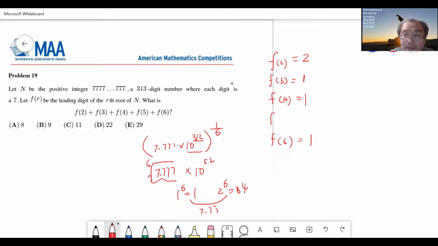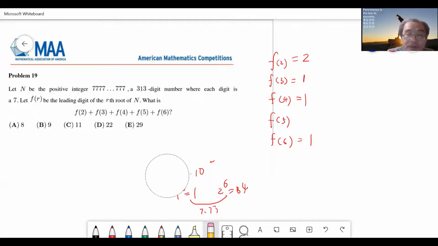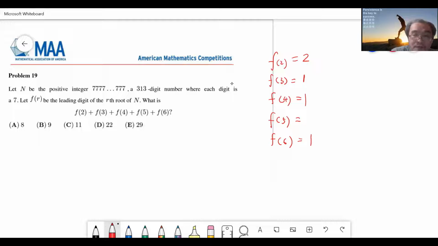The complicated part is F5, right? So if we look at F5, that's going to be the 5th root of 7.777 times 10 to the power 312, to the power 1/5, right? So this is not a multiple of 5.